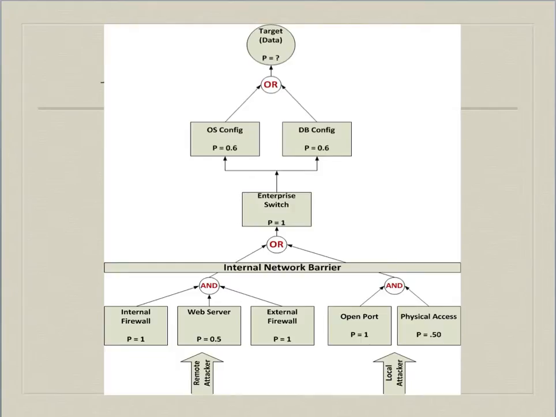Also, as we move up the attack path, so for example, the attack path for a remote attacker is through the internet firewall, web server, and external firewall to the enterprise switch, and then into either the operating system configuration or the database configuration to get to the target data in the database.